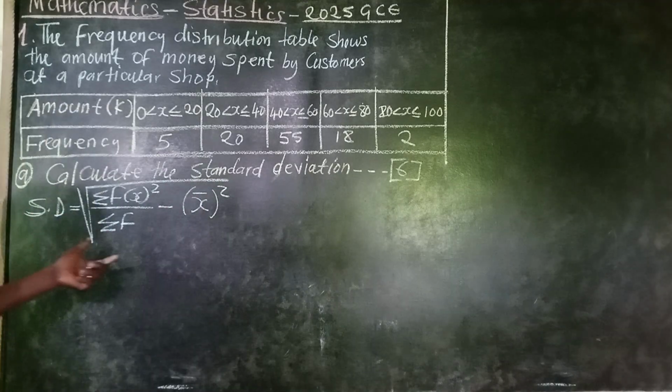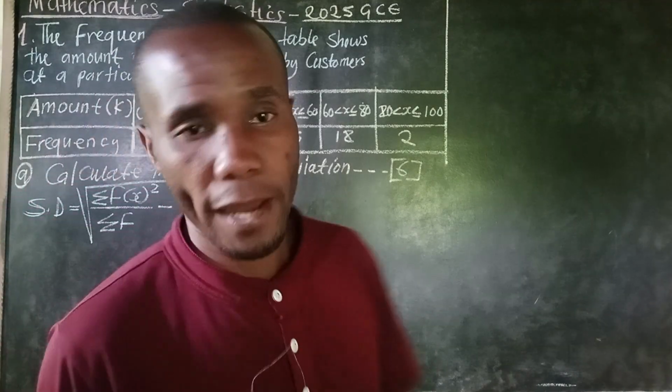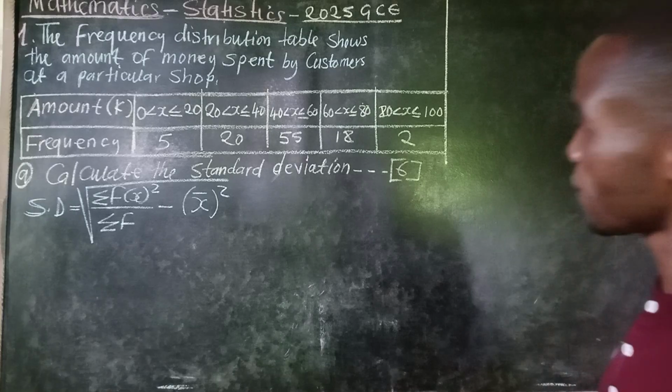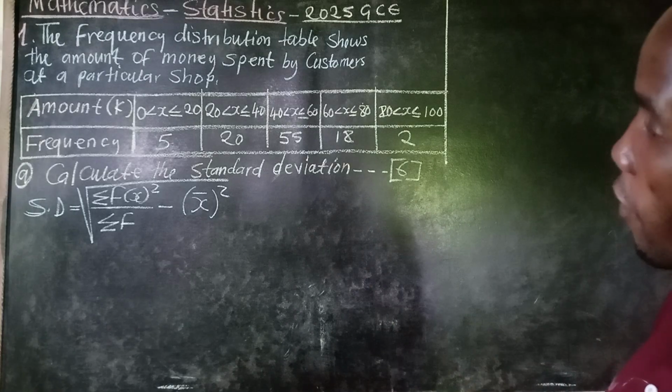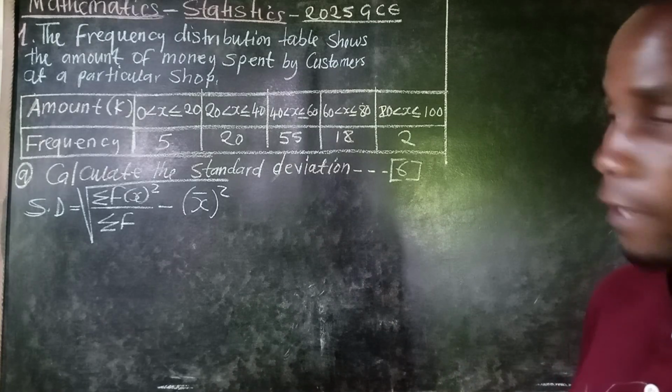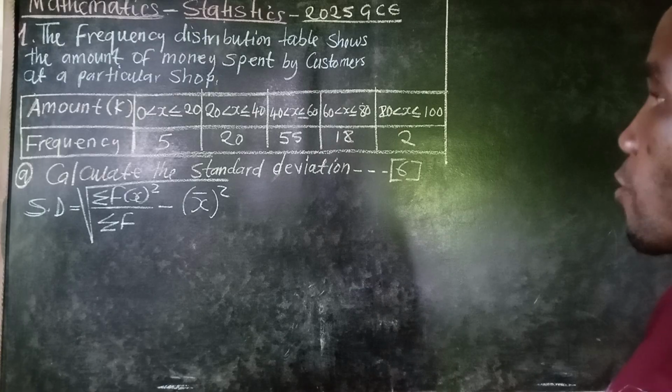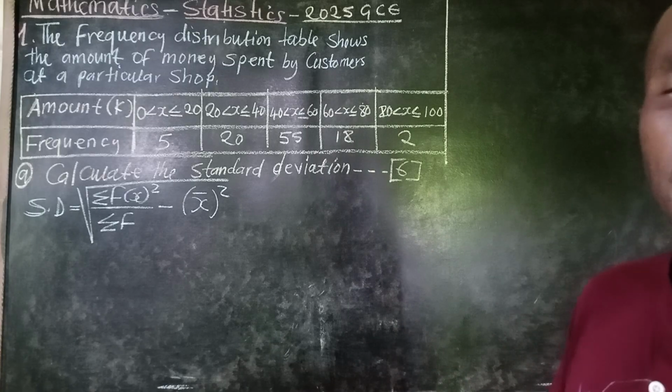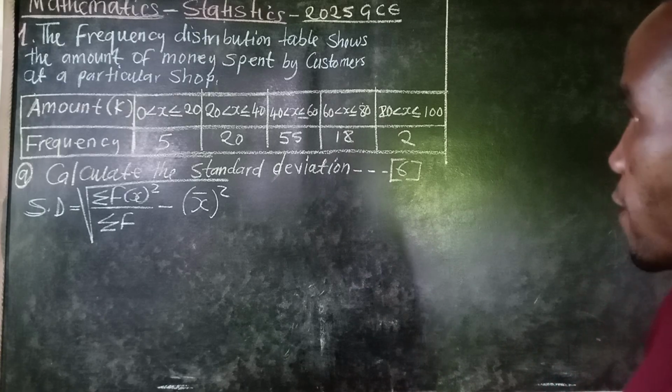Okay, so this is standard deviation. Now remember, if you are asked to find variance, you don't need to include the square root there. That is variance. So standard deviation is the square root of variance.